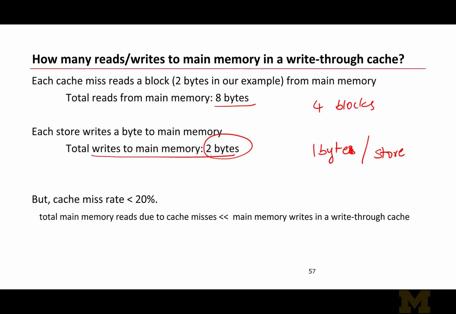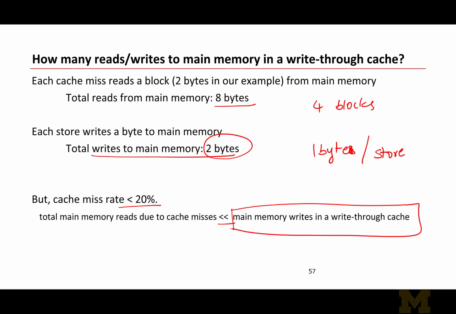Now this might give you an impression that, well, I didn't really write a lot of data to memory, and so looks like write-through caches is not such a bad idea. But keep in mind that typically the cache misses are fairly low, which means that the amount of data that you would bring in from the main memory would be much less than the number of writes that you would be executing in your program.